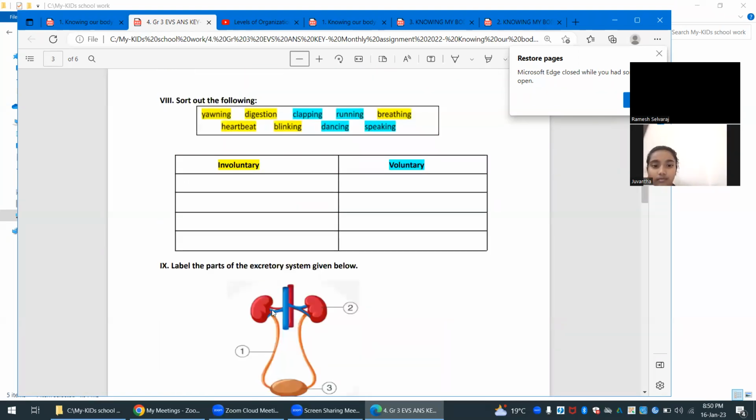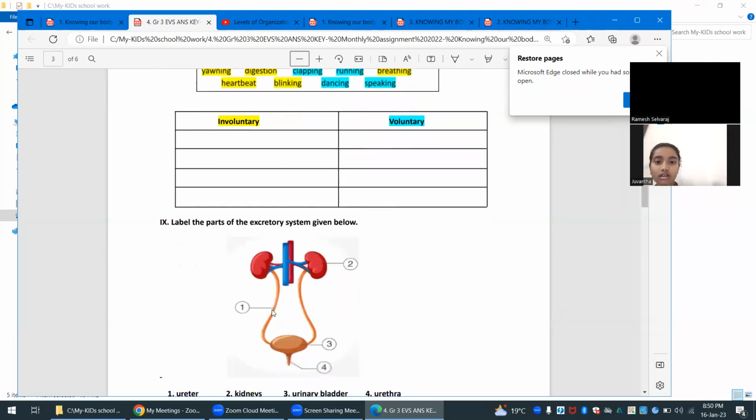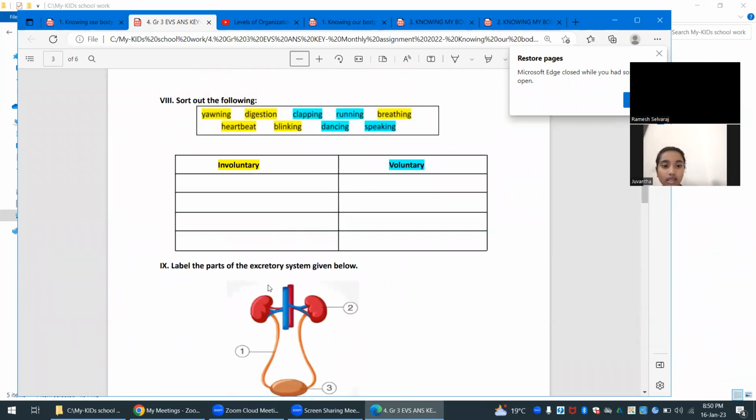Can you label these four items once again? Kidney, yeah, here 1, 2, 3 are there, right? Can you label? The first one is ureter.